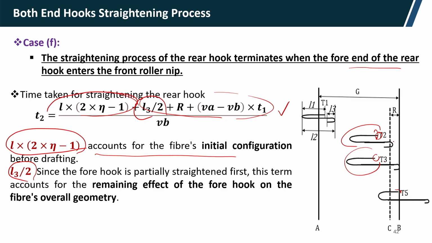So, this will be partially straightened, and this term accounts for the remaining effect of the fore hook on the fiber overall geometry. So, this fore hook is also not straightened properly. So, the average fore hook length is there, it is averaged out.